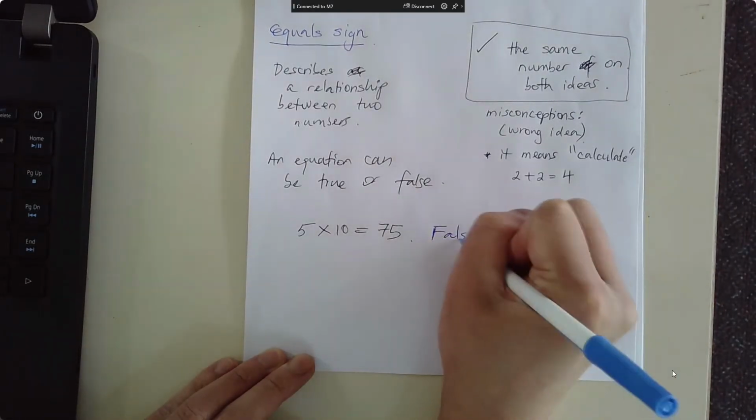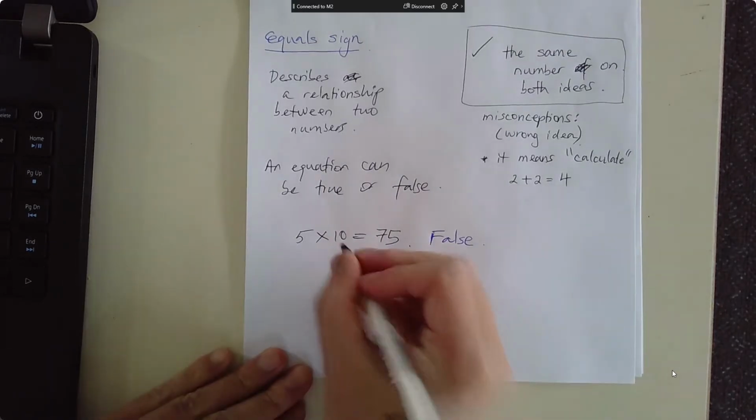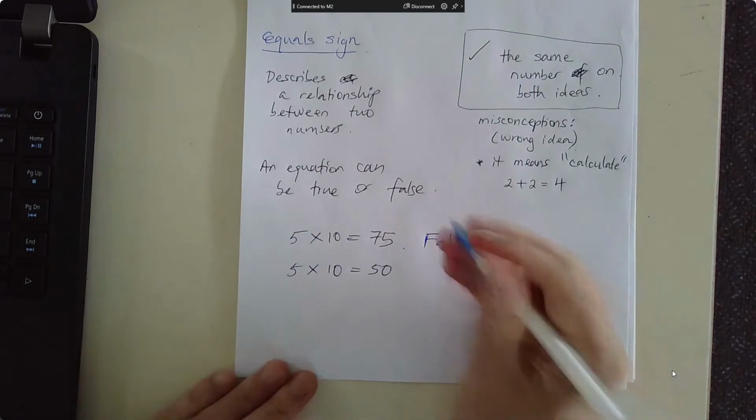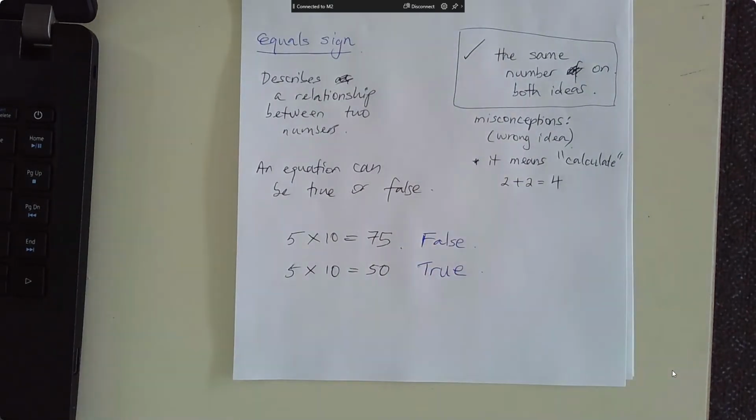Okay? What would I need to change to the right-hand side of this equation to make it true? Okay, so you want to change the number 75 to 50, and I would agree with you. Yes. Okay. This equation is now true. Generally, when you're doing maths, you only want to write down equations that are true.